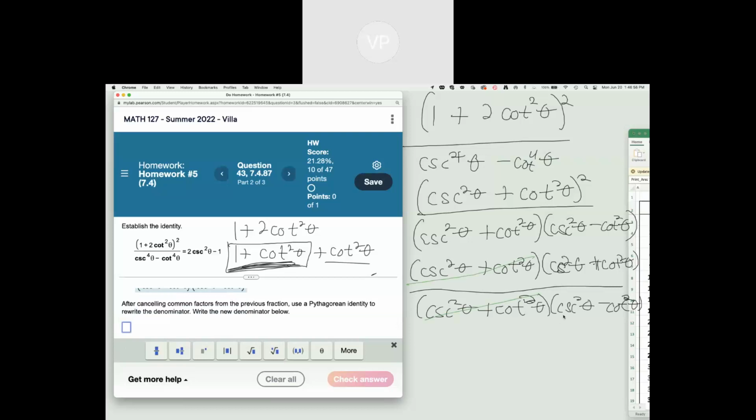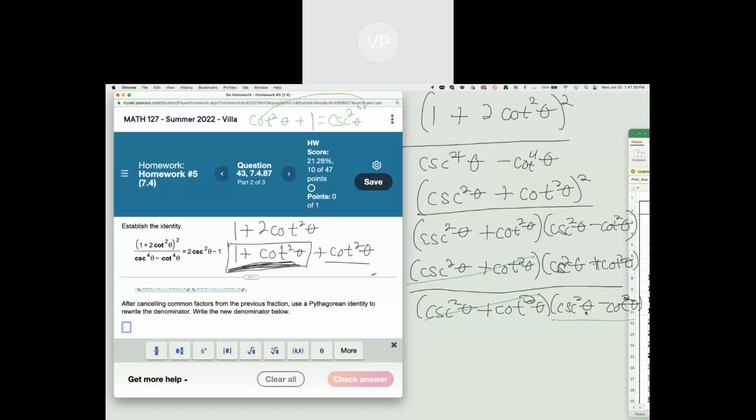use a Pythagorean identity to rewrite the denominator. Okay, so the denominator is cosecant squared theta minus cotangent squared theta. Remember that identity I wrote earlier? Cotangent squared theta plus 1 equals cosecant squared theta.